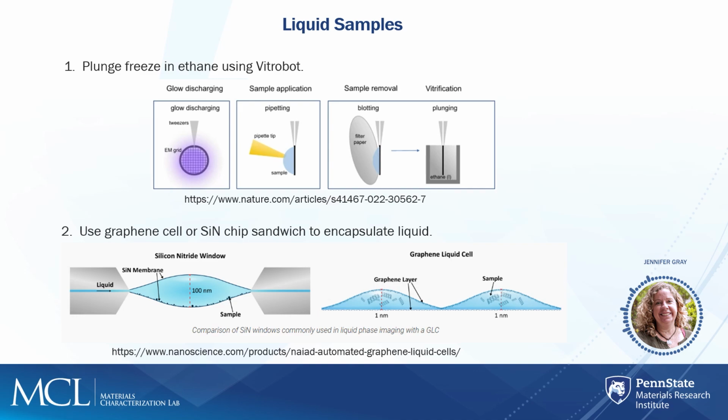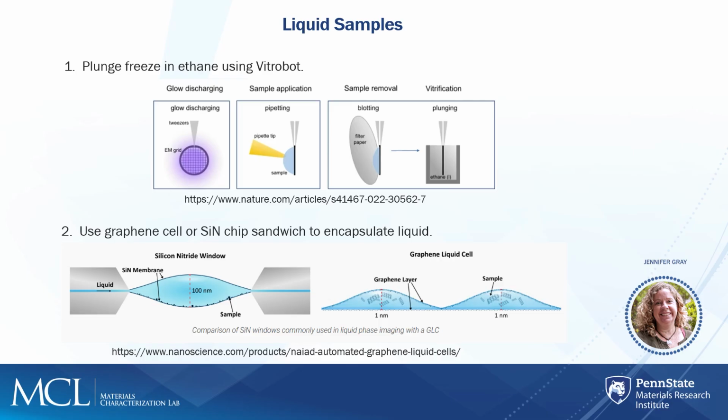And so again, you're able to then image the liquid without the liquid ever seeing the vacuum. This is a great method to use, although you're going to lose maybe some resolution due to the thickness of those silicon nitride windows. So another way you can try to do it is encapsulate the liquid between two graphene layers.